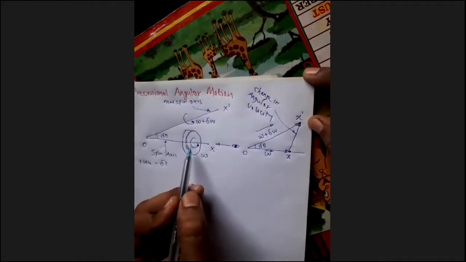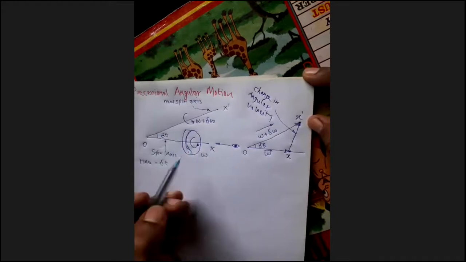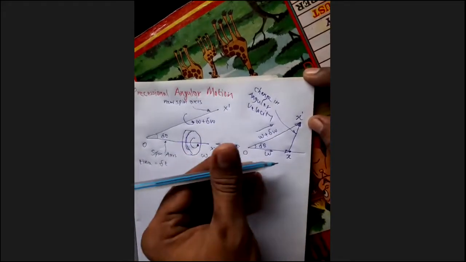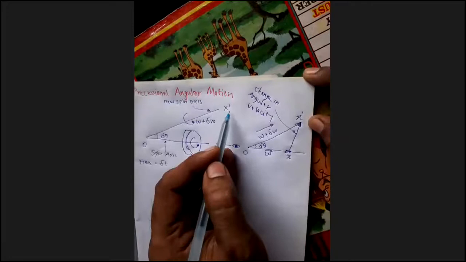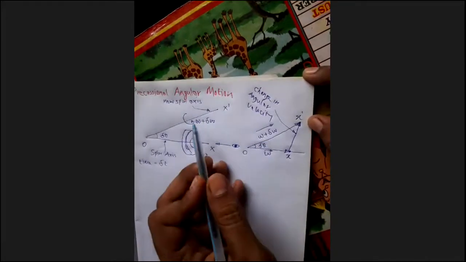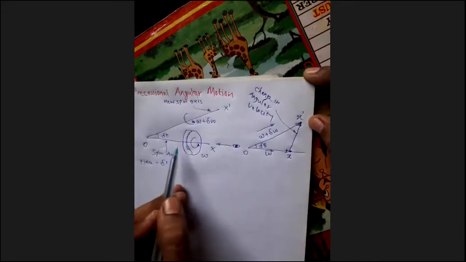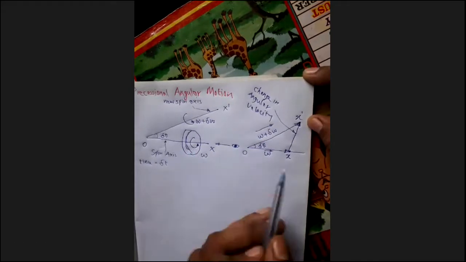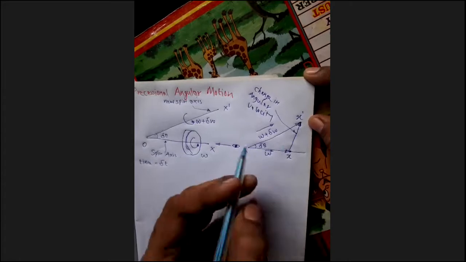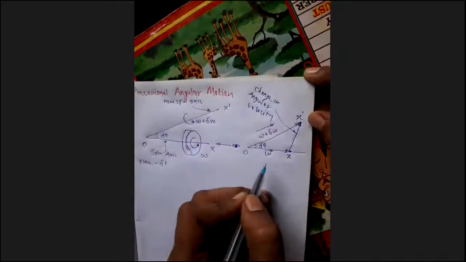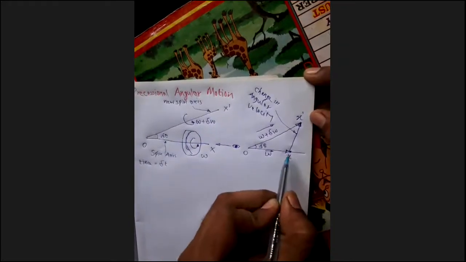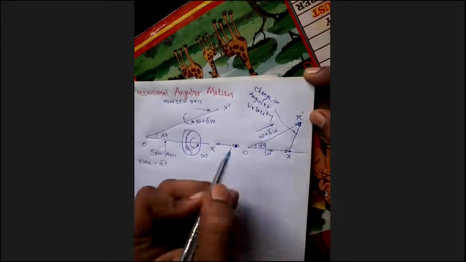At the initial position, the angular velocity will be directed along OX by the right hand rule. Along the new axis, it will be directed along OX dash by the right hand rule. The magnitude of angular velocity at the new position is omega plus delta omega, and at the initial position it is omega. Now, by the law of vector addition, this represents the change in angular velocity. So OX plus XX dash will be equal to OX dash.